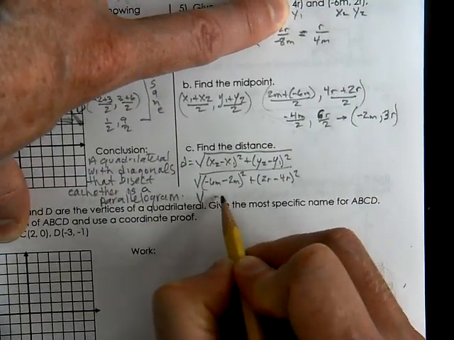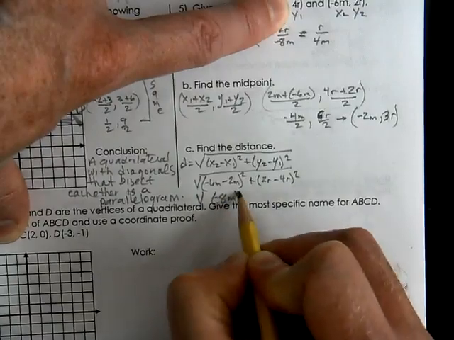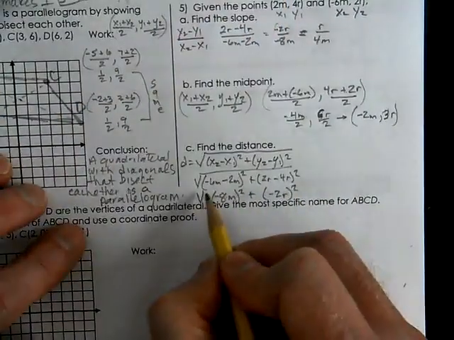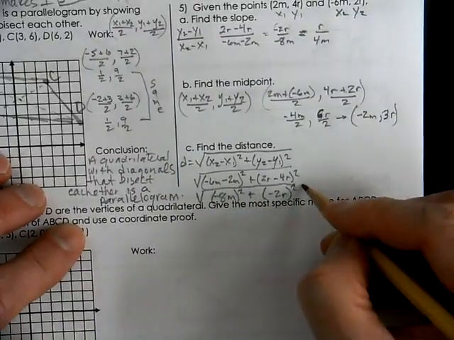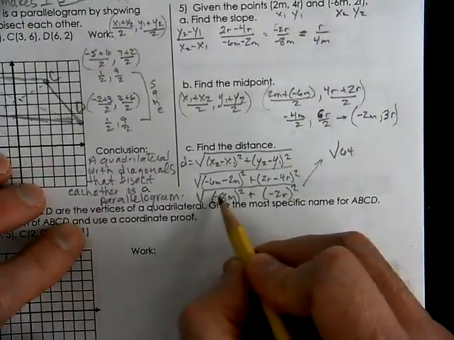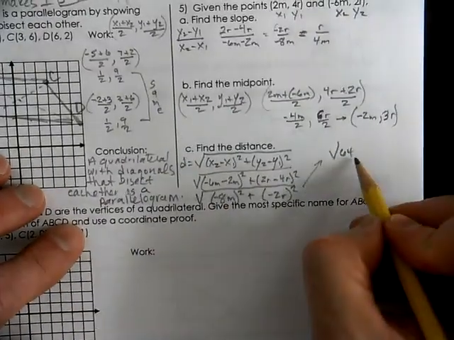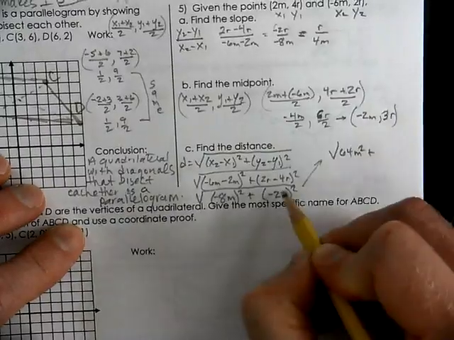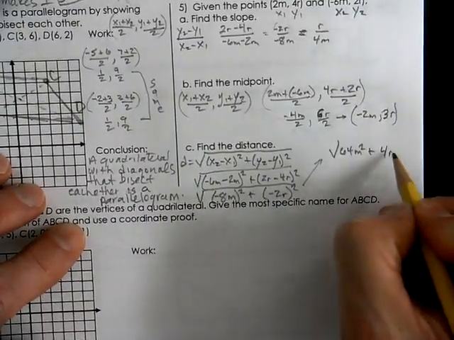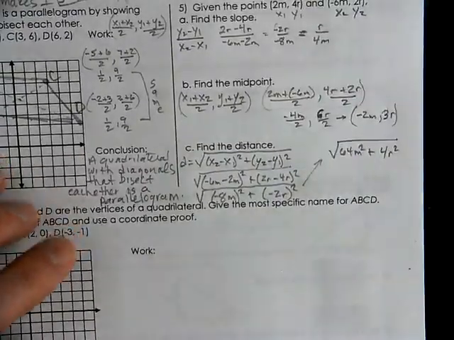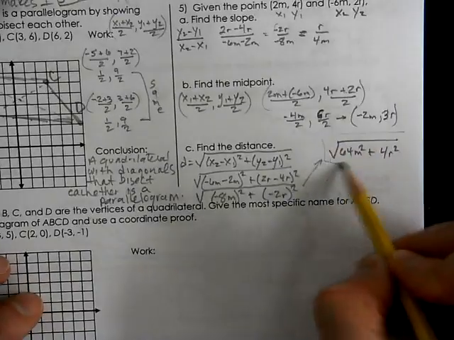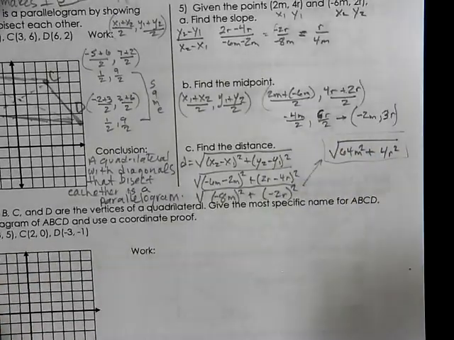That's going to give us negative 8m, that's going to be squared, and that's going to give us negative 2r, that's going to be squared. So that's going to give us 64. 8 times 8 is 64, m squared, and negative 2 times negative 2 is 4. R and R is R squared. You cannot take the square root of any of that. Because of the plus, you can't get into it.